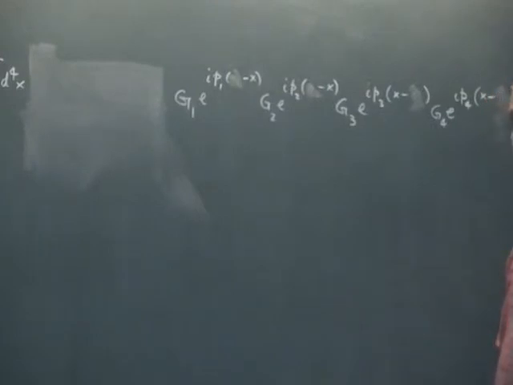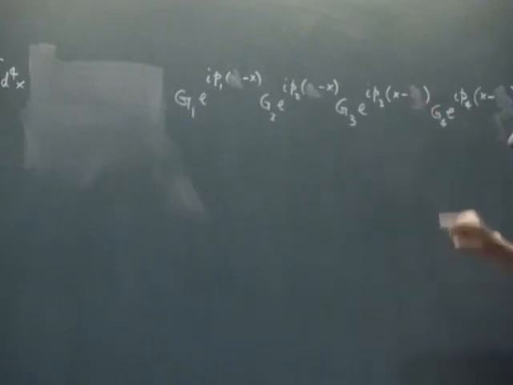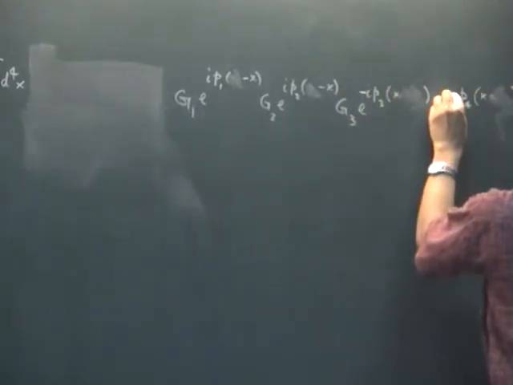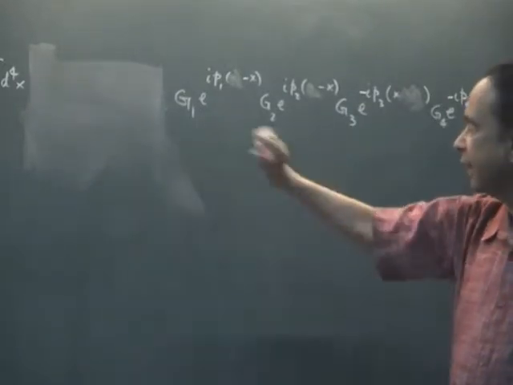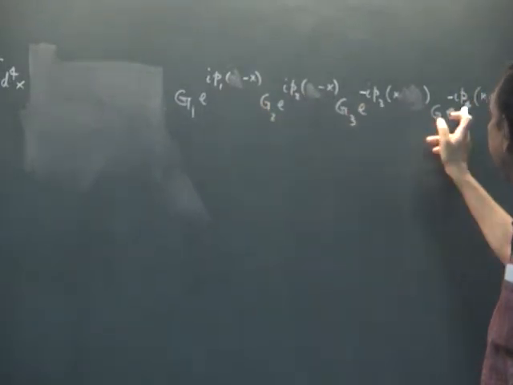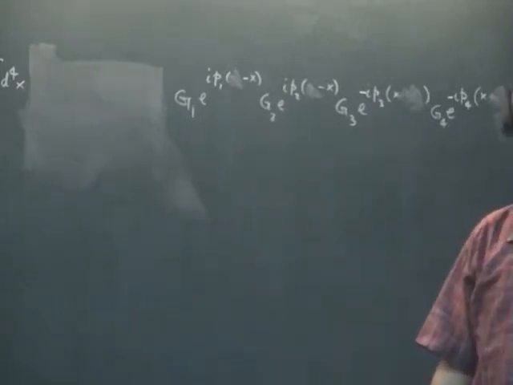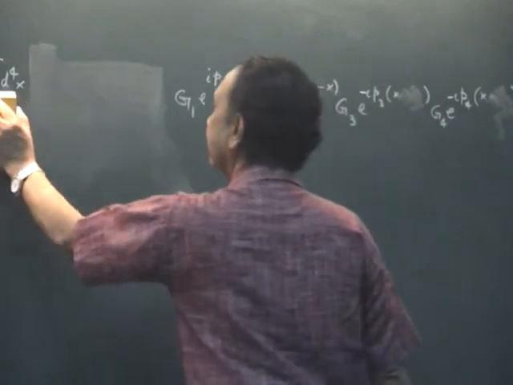But remember that when I am taking away this, there are these minus signs hanging around. That should go into this. That should go into this. Then all that I am left with is a d4x integration over p1, p2, p3, p4 with minus signs flared. Therefore, you will end up getting just a Dirac delta function times all the g's.